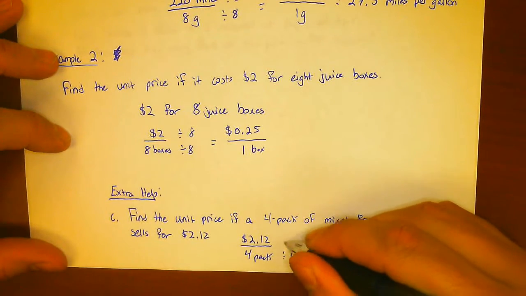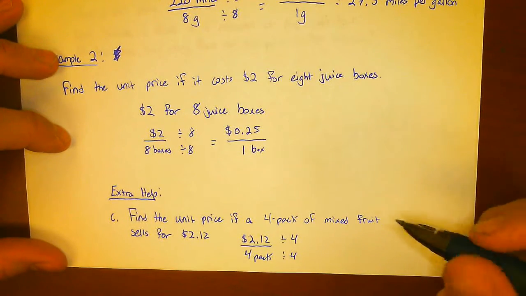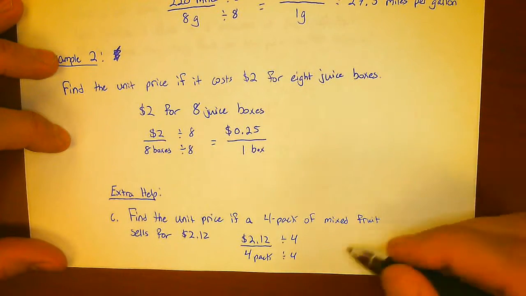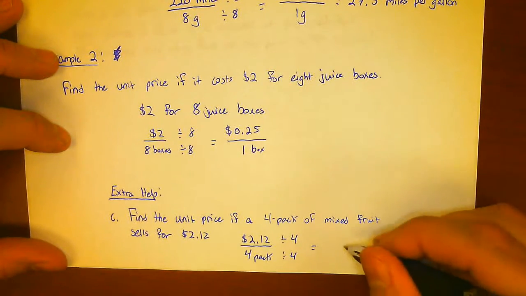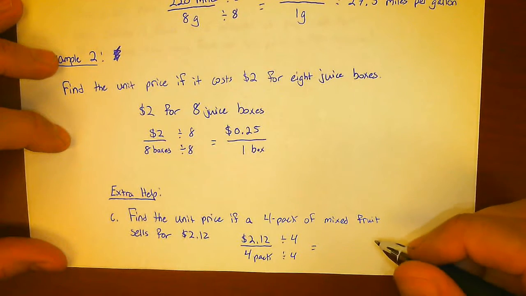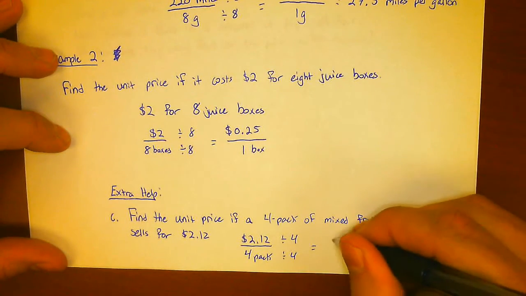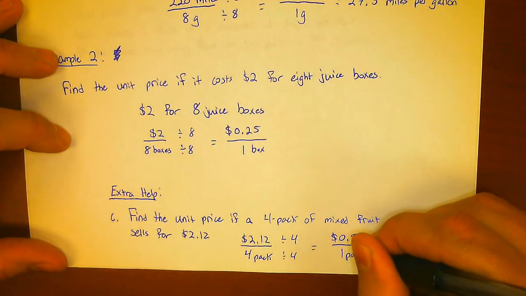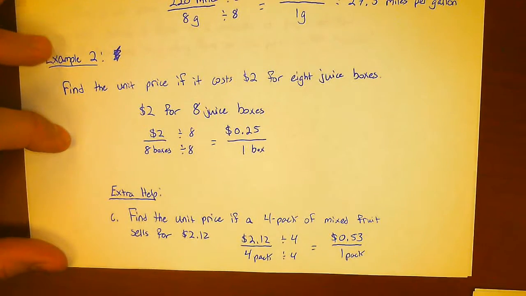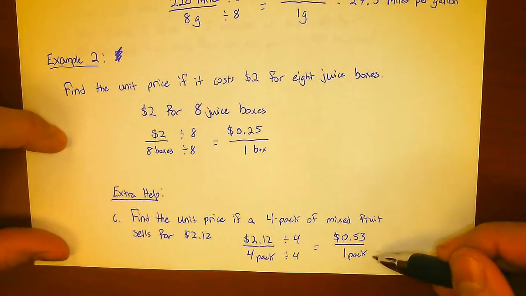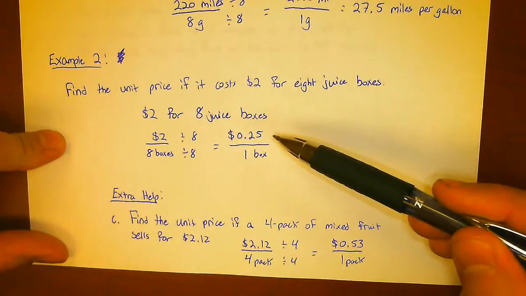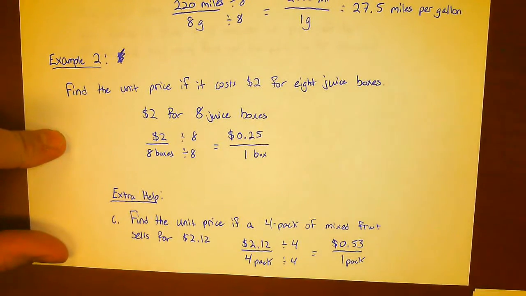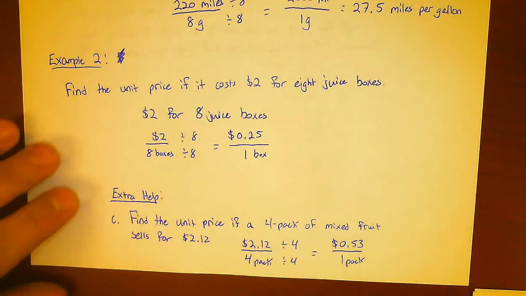Divide both top and bottom by 4. And if you do that by hand or by calculator, you should get 53 cents or 0.53 per 1 pack. Alright, so 53 cents per pack, and the one above it was 25 cents per box. Alright, moving on.